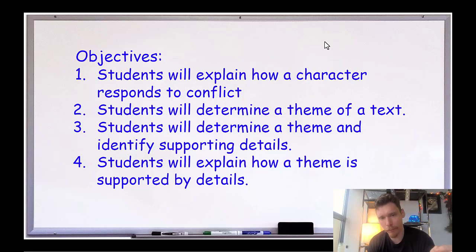Here's how another part, and this is how I know these parts convey the theme. So number 4 is the highest level of rigor in this learning continuum, which makes sense, right? You don't want to have students dive right into the most rigorous or cognitively demanding part of the standard.